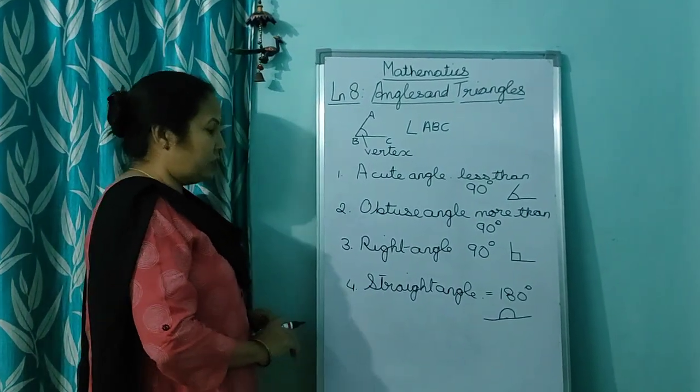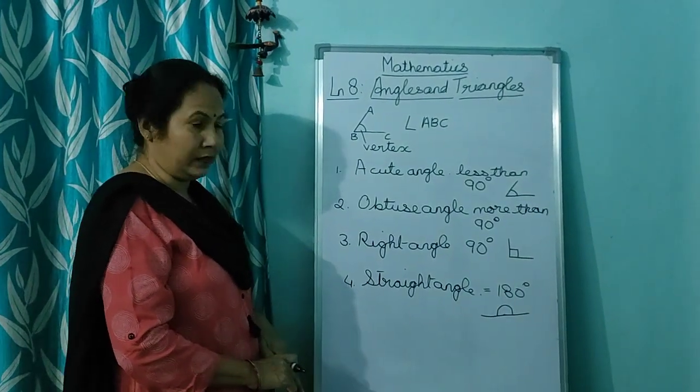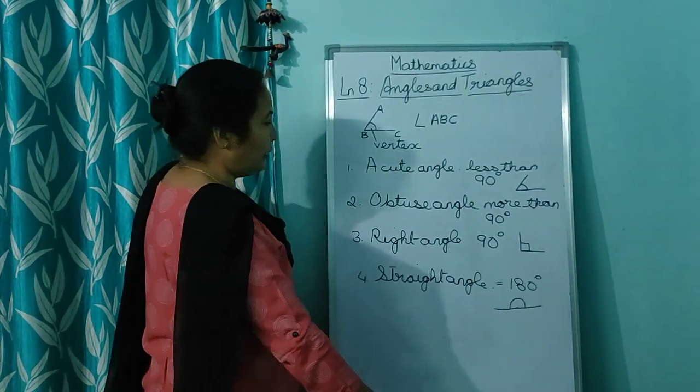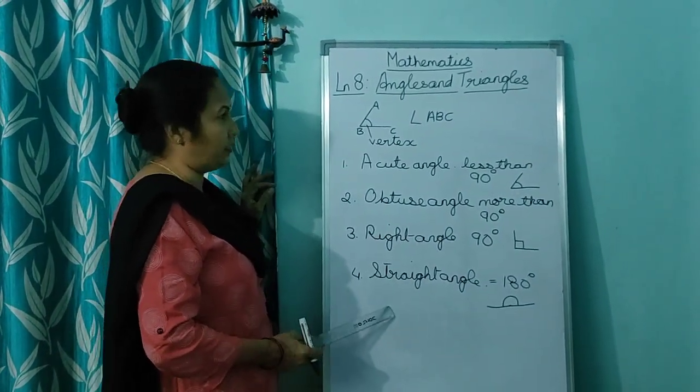So children, these are the 4 types of angles: acute angle, obtuse angle, right angle and straight angle.